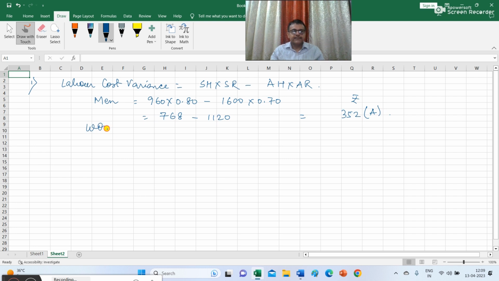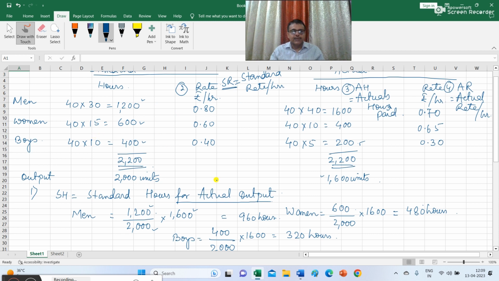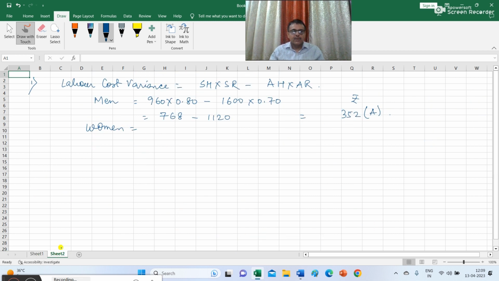For women, the standard hours you have calculated for women is 480. So I am just taking the parameters that you have calculated just now. Multiply this with standard rate, then subtract actual hour, multiply this with actual rate. So all these figures you will find in the working. So 288 minus 260 is 28 favorable.